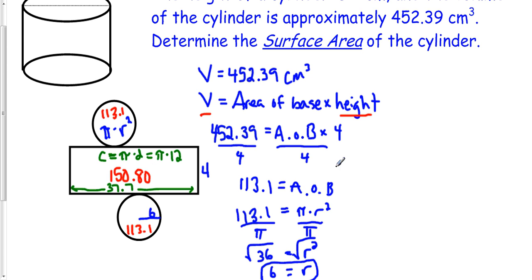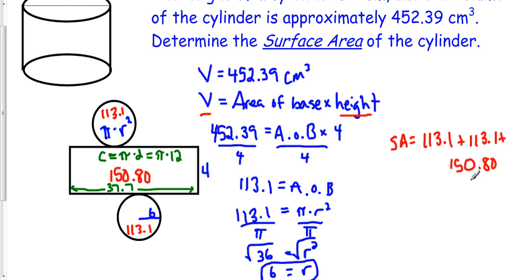And so we're really close. For the surface area, we just have to add up the 3 pieces. So the surface area is 113.1 plus 113.1, so these are the 2 bases, plus the lateral area, 150.80.